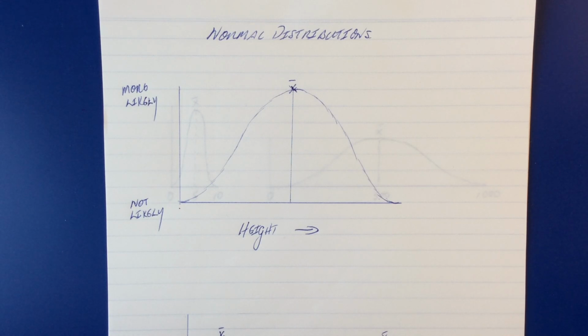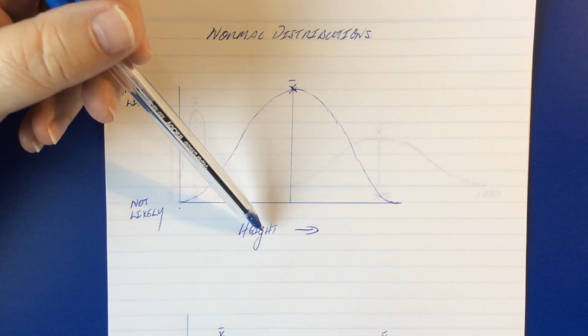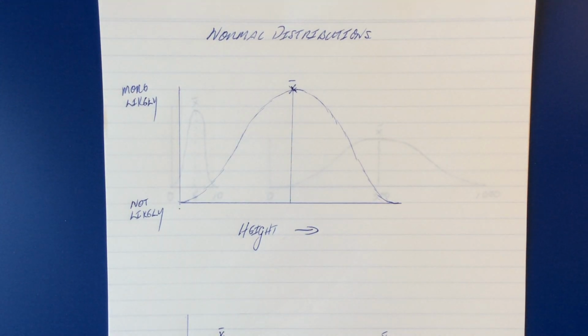So, let's think about height. And let's think about a large group of people to which you might belong, such as a class or a school or a university, something like that. If you lined every one of the members of that group up and you put the shortest on the left and the tallest on the right, or the other way around, it doesn't really matter.